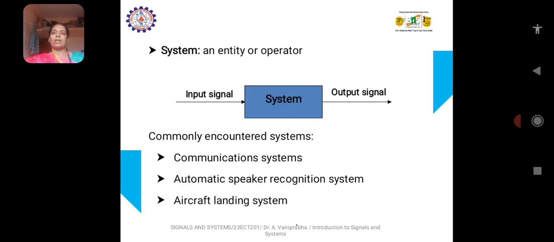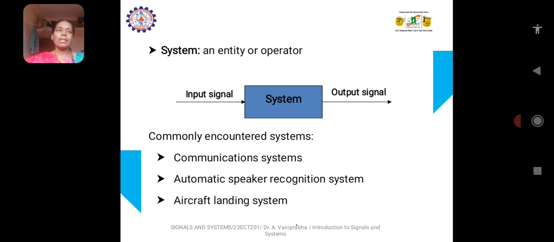A system, from the block diagram you can understand, is a functional circuit or maybe a small circuit that operates on the given input signal and gives the desired output signal. For example, the system may be a filter or an amplifier or a rectifier, whatever it is.